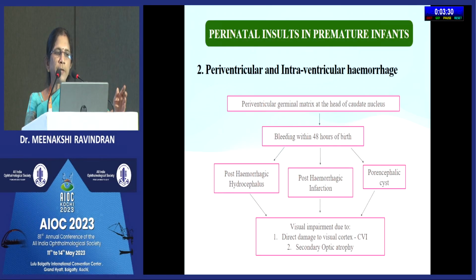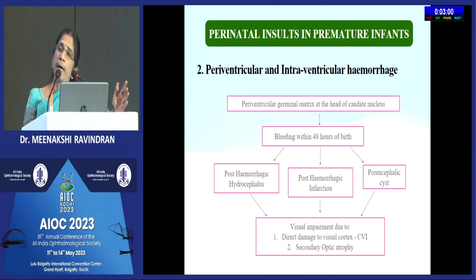In the premature infants, the other main problem, other than hypoxia, is the periventricular and intraventricular hemorrhages, where you can have the bleeding within 48 hours. If it happens, it can lead on to hydrocephalus, which can compress the brain structures. Even if you do a VP shunt, sudden decompression can cause CVI, or long-term shunt malfunction.